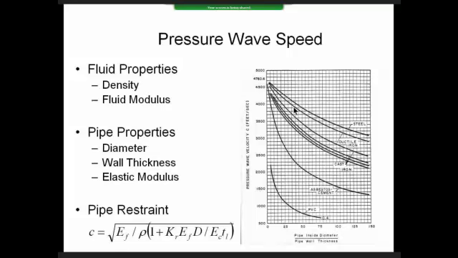Generally, the lower the wave speed, the less surge problems you're going to have, because, again, keep in mind the pressure change is wave speed over G times the velocity change. So lower wave speeds, like in PVC pipe, shown here, are going to result in lower pressure surges for the same change in velocity.